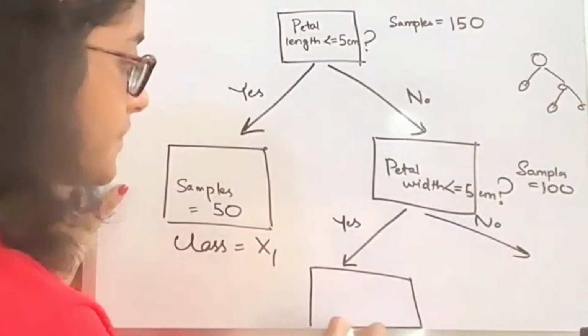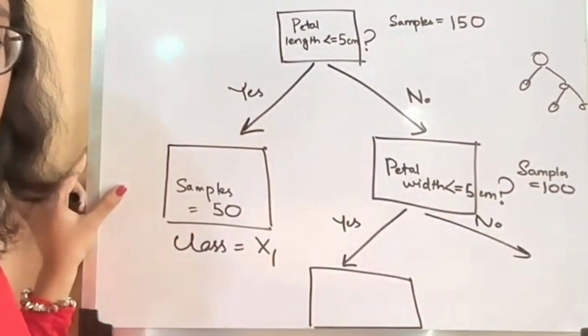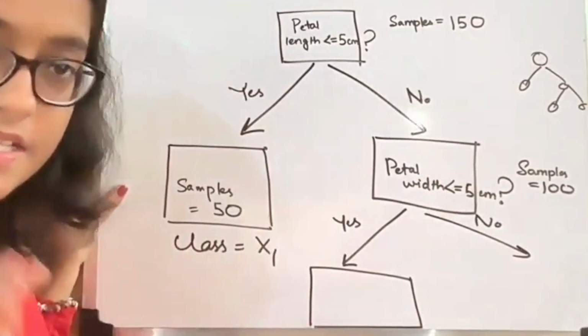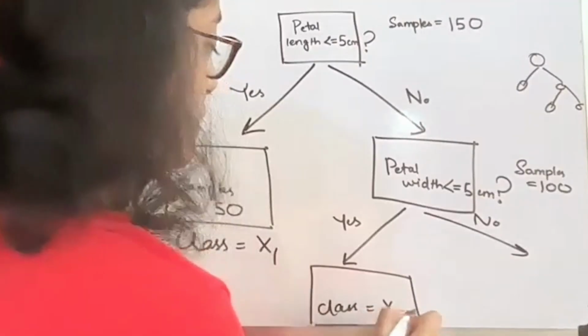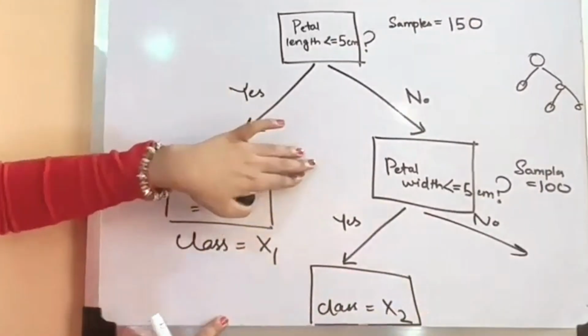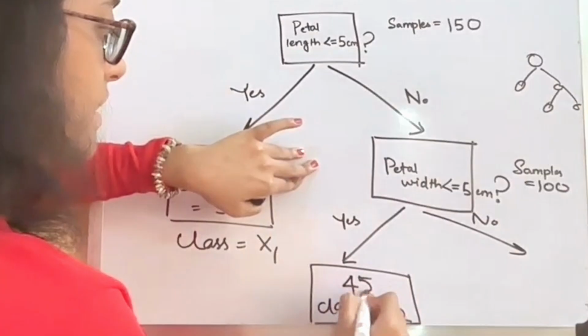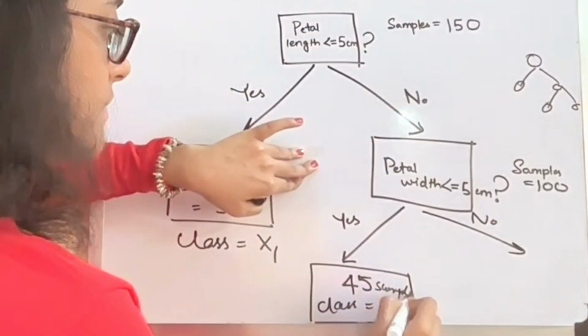So this is going to be again a leaf node because now we have class x2 only, equal to x2. Let's say this has 45 samples.